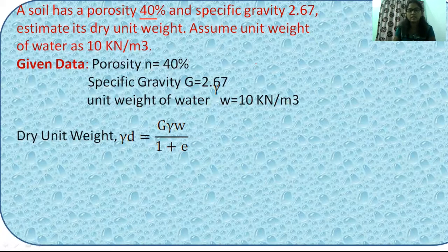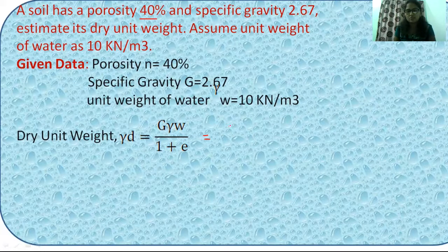Now we can estimate its dry unit weight. Gamma D is equal to G gamma W by 1 plus E. Already you know that this formula is derived from the basic definitions. What is the value of G?